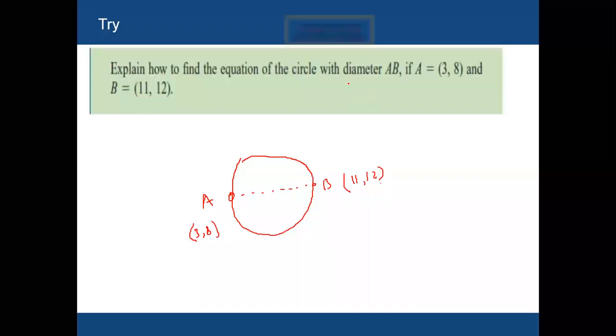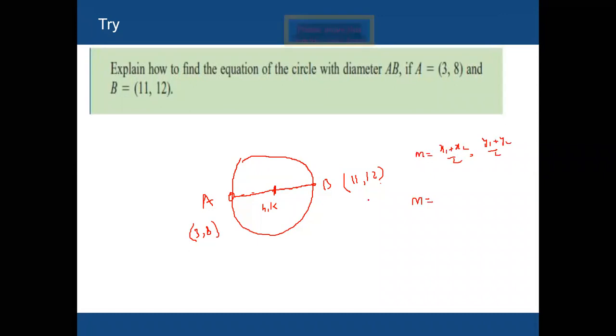Okay, guys. Good, excellent. Only the diameter's points are given. So how do we find the midpoint? With the help of the midpoint formula we can find h and k. The midpoint is equal to x1 plus x2 divided by 2, y1 plus y2 divided by 2.